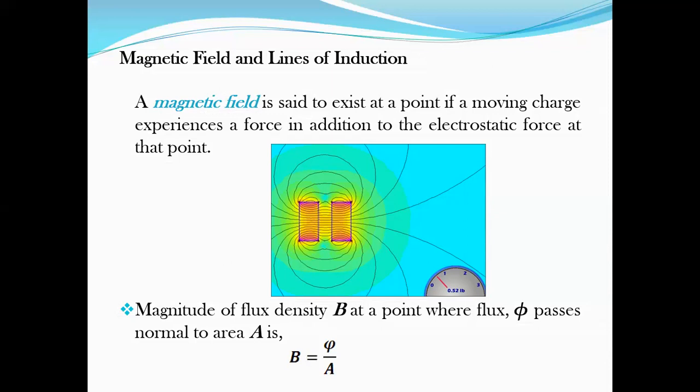So the magnetic field B is equal to flux density. Flux density means the magnetic flux passing through the unit area, that is equal to the strength of the magnetic field. So that is the way we are writing about.